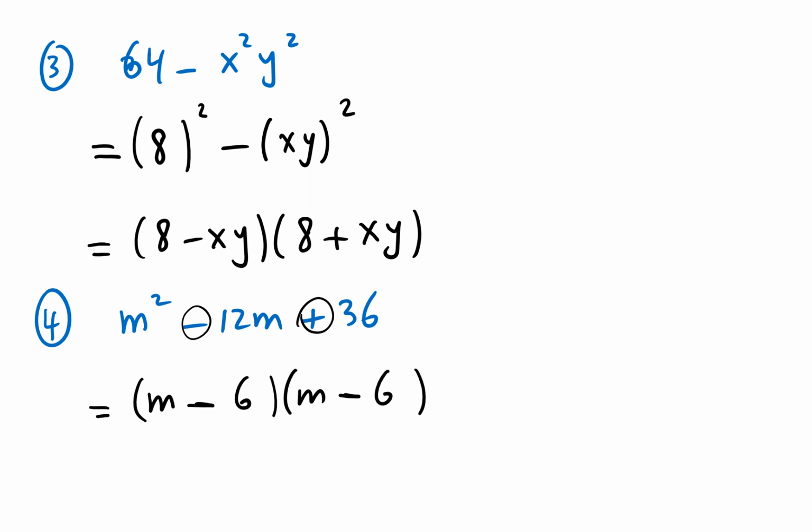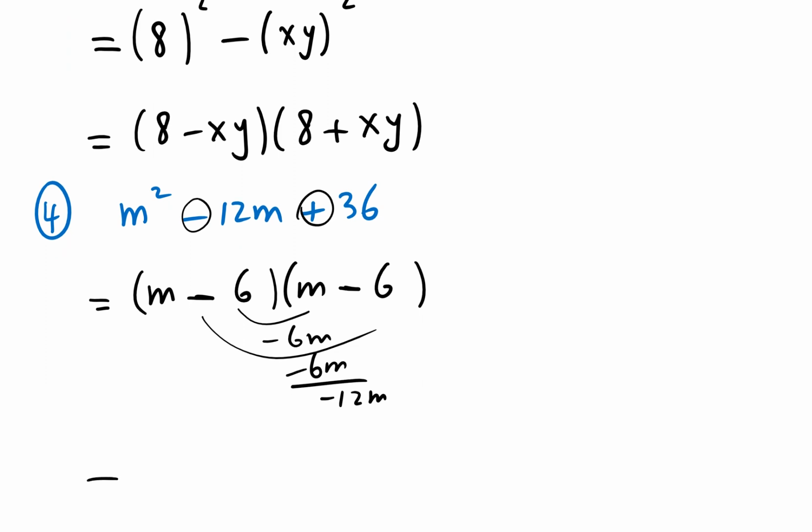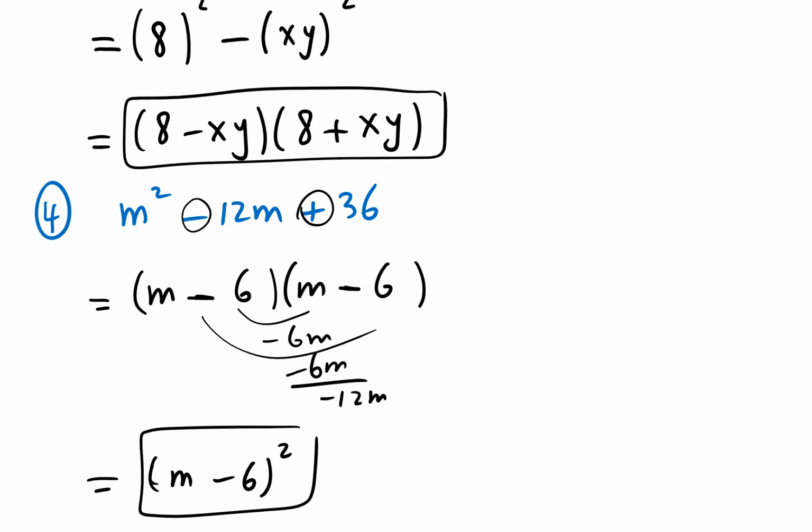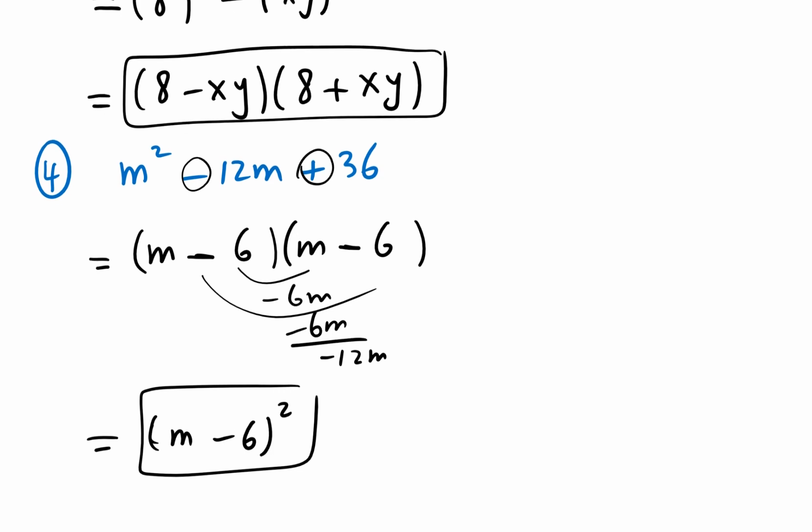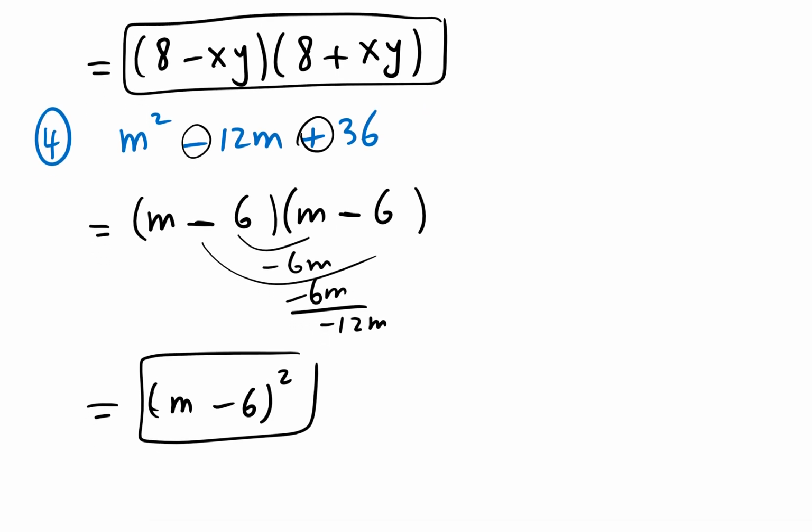I think that works. Negative 6m. Another one, that works. Note you can rewrite this as m minus 6 squared because of two identical copies. The more you practice on this, the better for you.